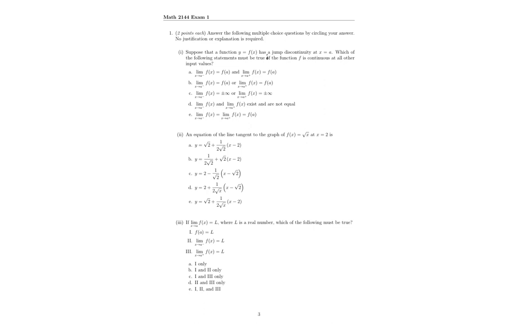So, the first one says, limit of x approaches a from the left side equals f of a, and limit of x approaches a from the right side equals f of a. It says there's a jump discontinuity, so this isn't entirely true because I'm just going to make a little graph with a jump discontinuity here.